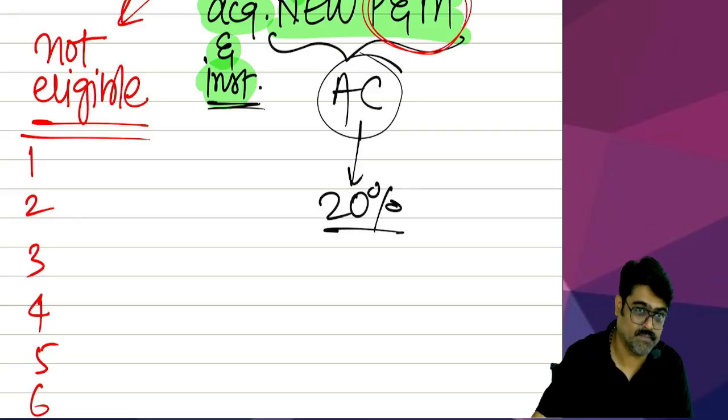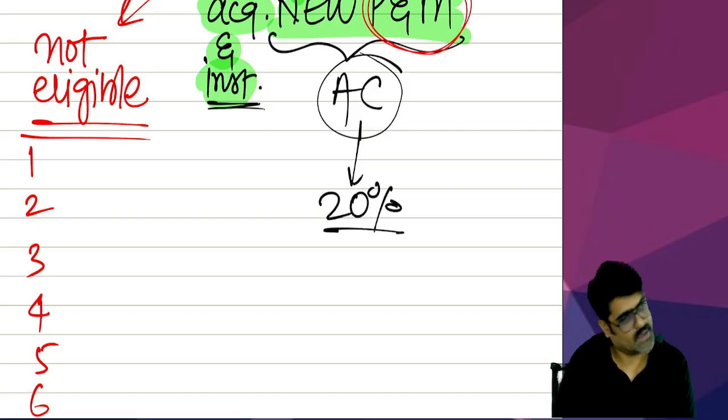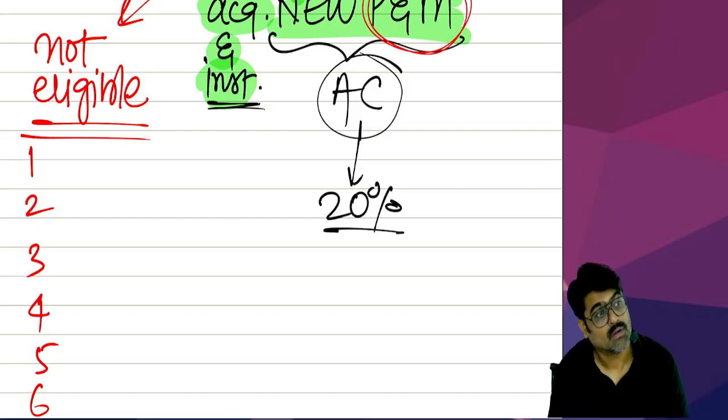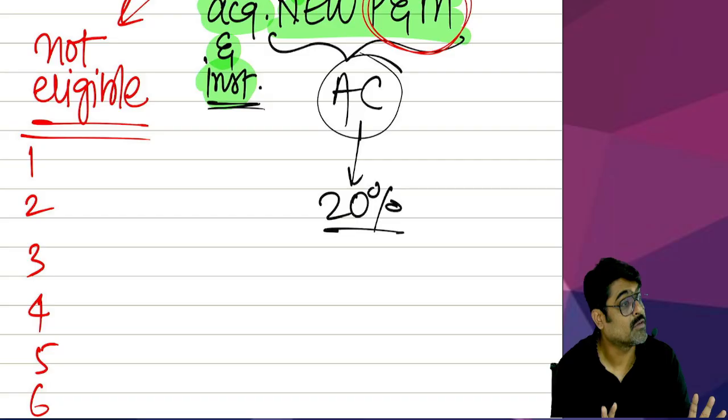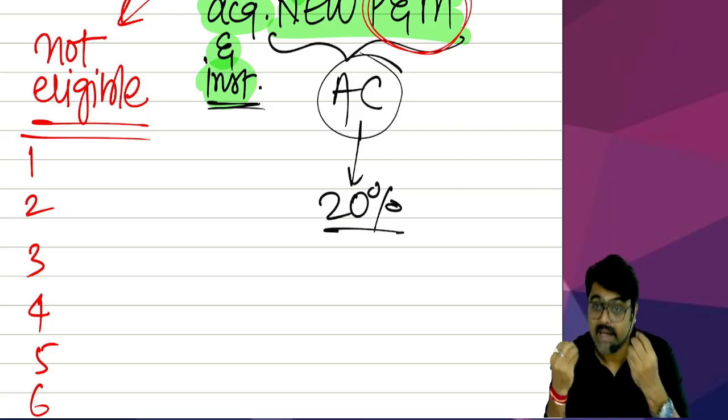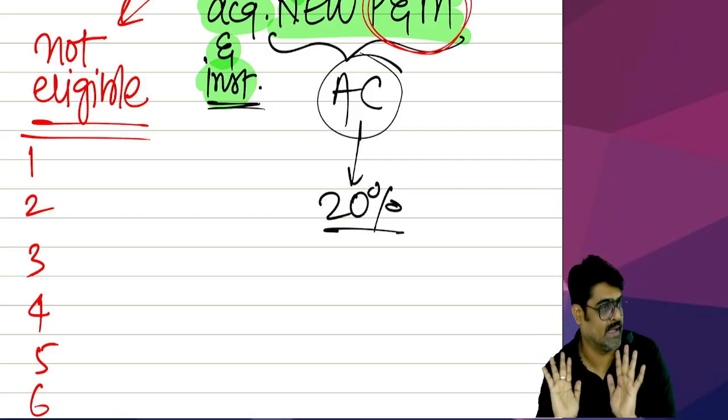So first question, are you an assessee? You can be any person. You are doing what type of business? Any business. Or only manufacturing? What are you manufacturing? You are manufacturing anything. Any goods, any products, any item you are producing. Manufacturing, yes or no?